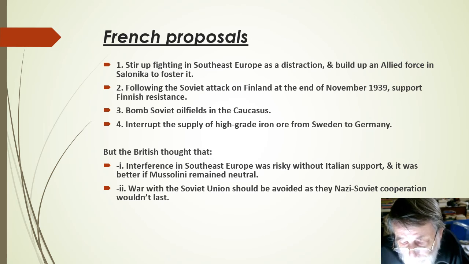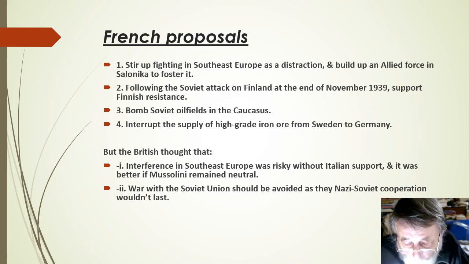Three, bomb Soviet oil fields in the Caucasus. Four, interrupt the supply of high-grade iron ore from Sweden to Germany. The British thought that interference in Southeast Europe was risky without Italian support, and also thought that it was better if Mussolini remained neutral, because if he was forced to make a decision, there was the danger that he might join Germany.